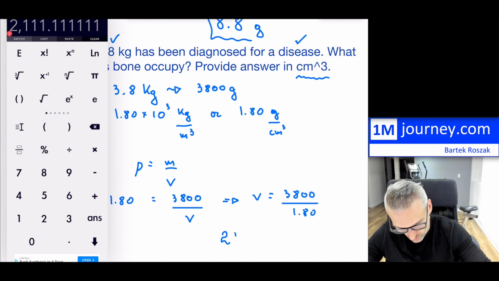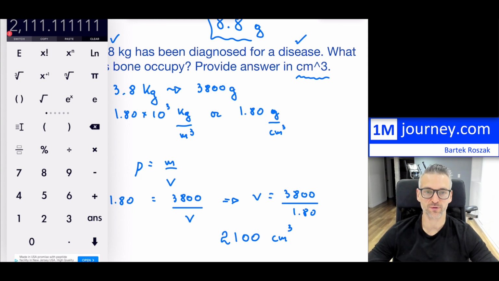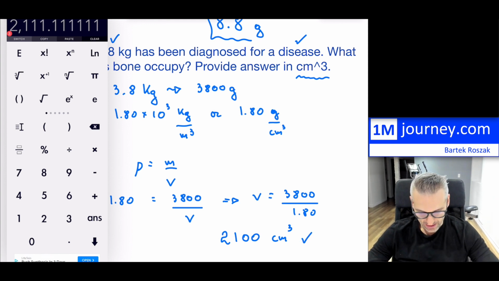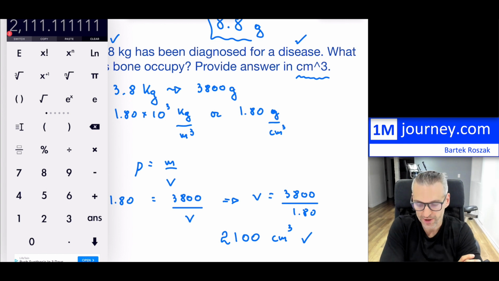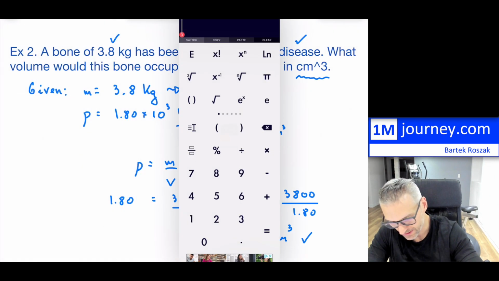So this is going to be 2,100 centimeters cubed. So that's what you would have for this. That's how much it would occupy for this particular bone. Now 3.8 kilograms is quite enough. You can certainly do some bicep curls with those.